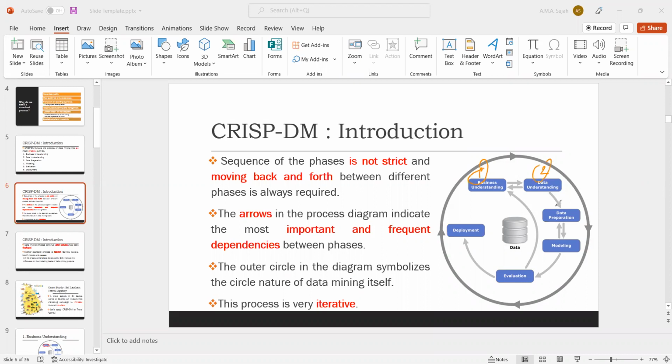Then you understand the data. Then you do the data preparation, then the model. Sometimes whenever you are modeling, you realize you missed some data pre-processing work. Then you can go back and do the missed data pre-processing work. After that, you can implement the model again.